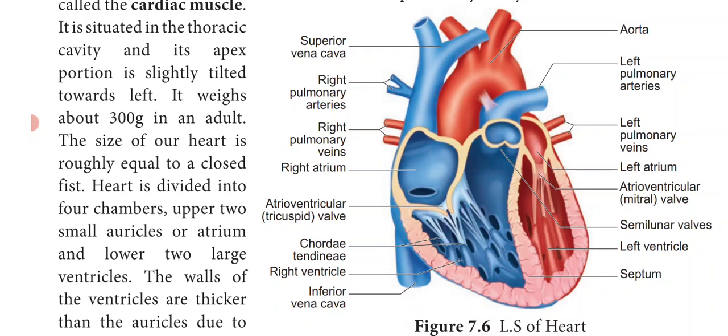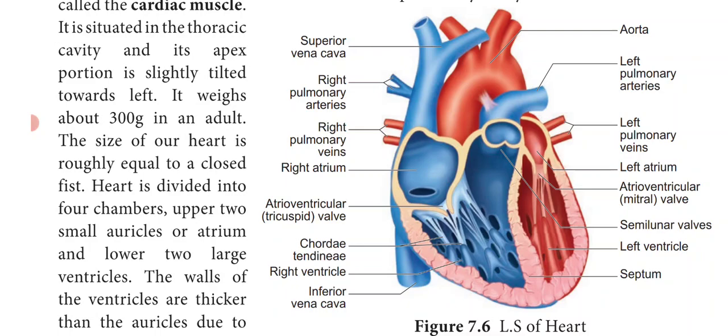So there are 2 auricles in the upper chambers and 2 ventricles, the lower chambers. The walls of the ventricles are thicker than the auricles due to the presence of papillary muscles.